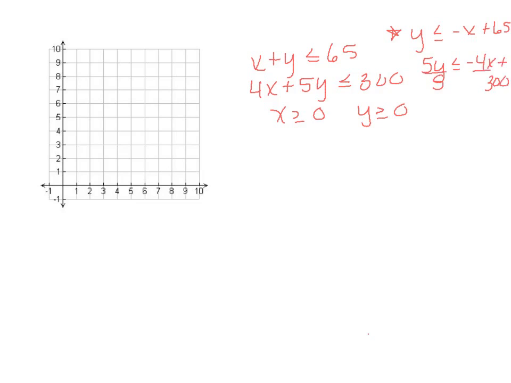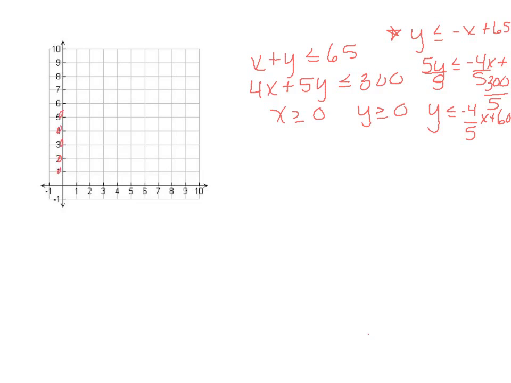So dividing everything by 5, y is less than or equal to negative 4/5 x plus 60. I go by ones here on my graph, but we're going to have to just go by tens here. Otherwise, we won't have enough spaces. So think of this as 10, 20, 30, 40, 50, etc.